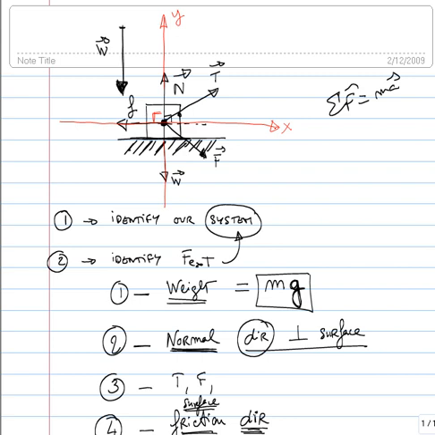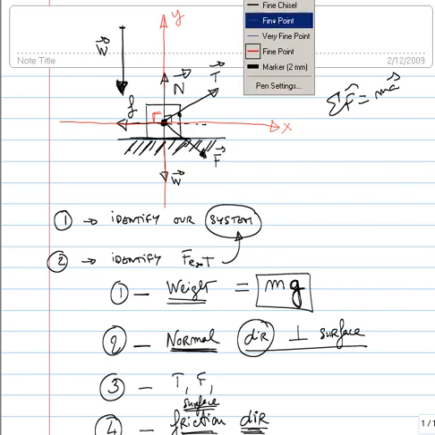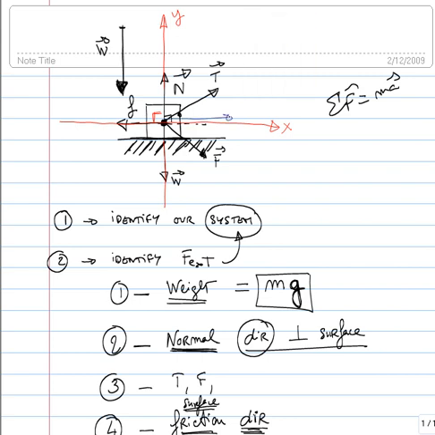You decide. The other suggestion is that if you're being told that the system is being accelerated and you're able to figure out the direction of that acceleration, always pick one of your two axes along that direction. So if you're told that the acceleration of this object is going towards the right, then definitely pick one of those two axes in the same direction.